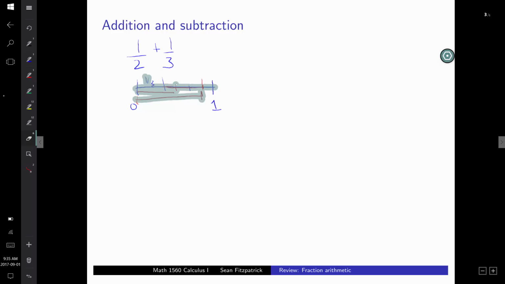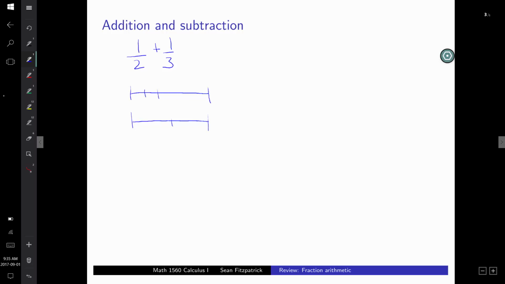If you want to think in terms of the number line, I can't really compare a third and a half directly, but let me take my 1/3. Here's my 1/2. I'll take my 1/3 and divide it up into 2 pieces.